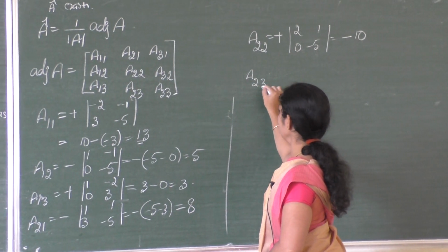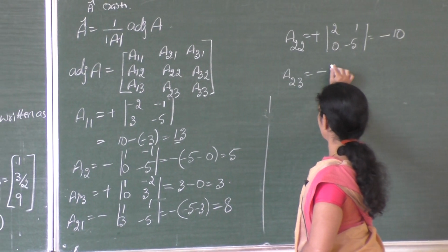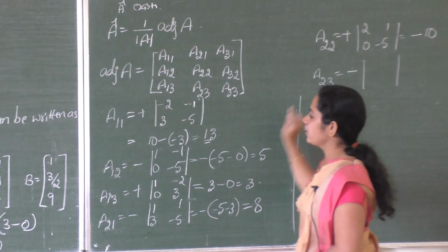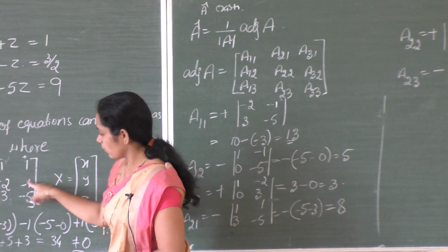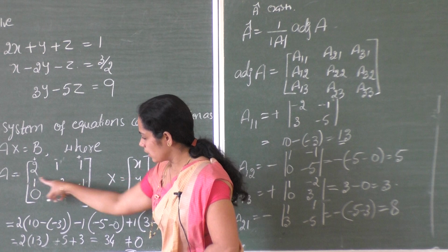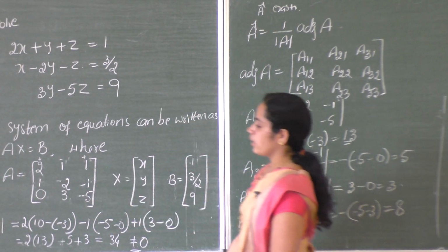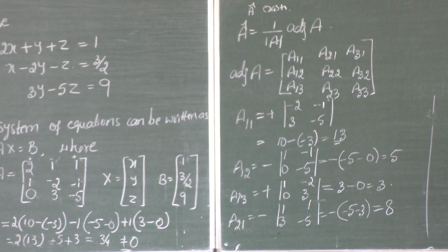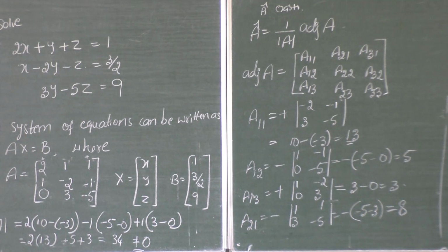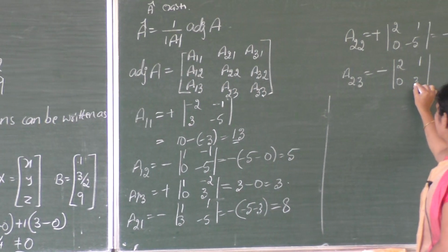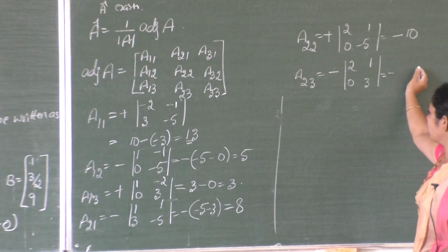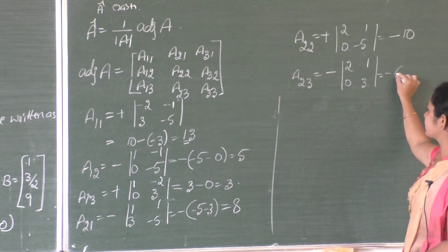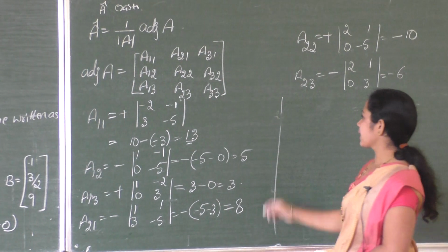Next A23. A23 is negative. Delete second row, third column. Remaining is 2, 1, 0, 3. That is equal to minus of 6 minus 0, that is minus 6.